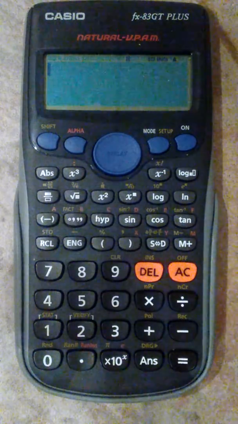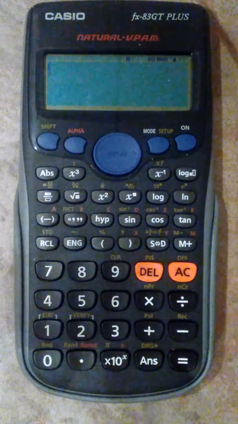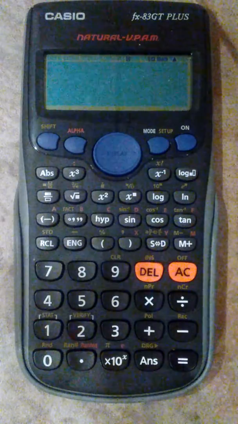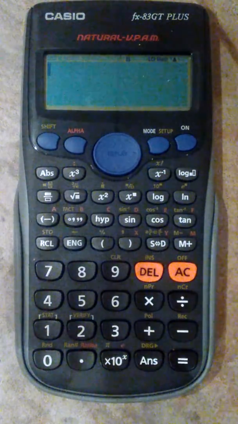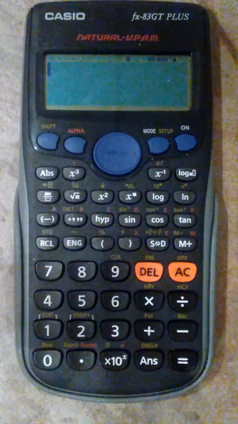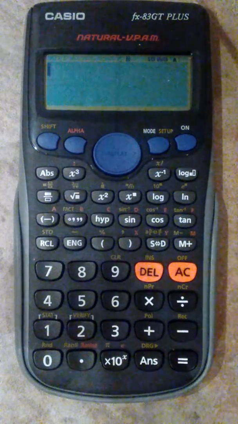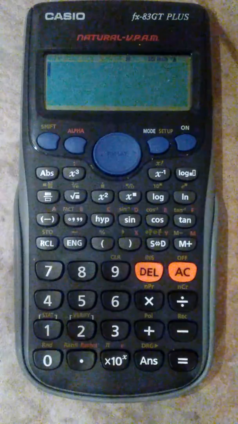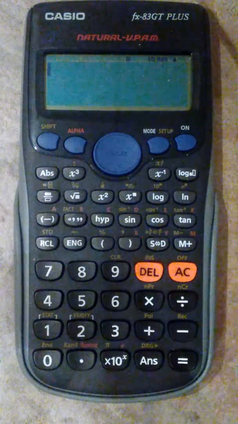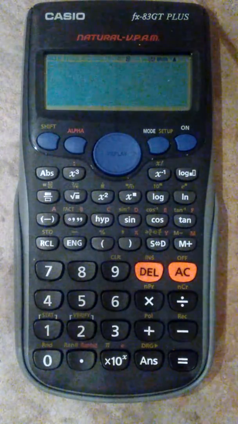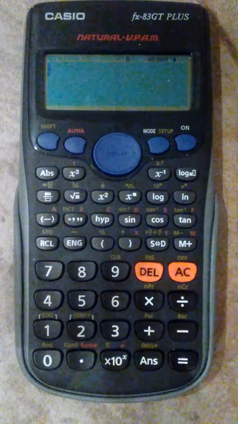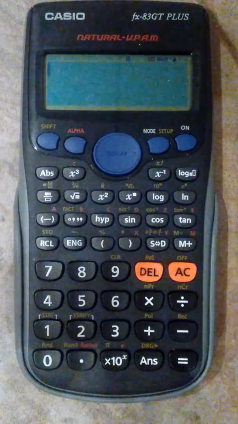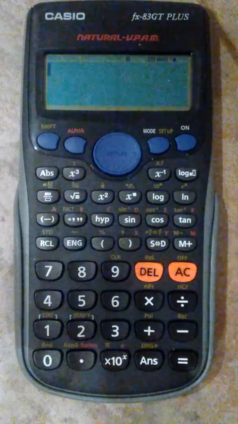And now the last thing I want you to do is use the memory. Now the memory is very important, and the reason is if you have a really long calculation. In chemistry, for example, it might be a calculation where you've got the mass of a reactant in a reaction, and you need to work out the mass of a product. You have to divide by the relative mass, and then work out the ratios, and then times the moles by the relative mass of the product.